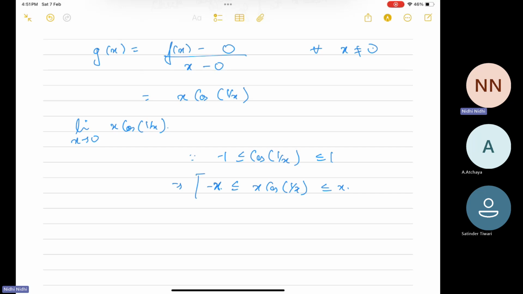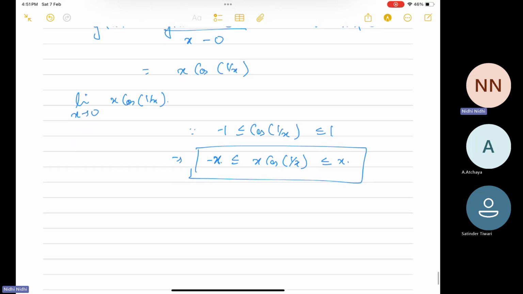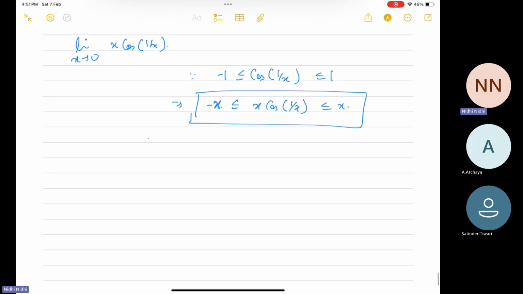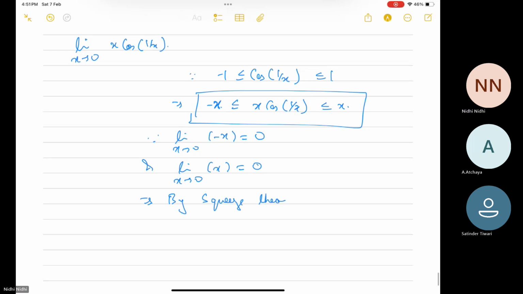Now we can use the squeeze theorem, since limit x tending to 0 of minus x is equal to 0, and limit x tending to 0 of x is equal to 0. This implies by squeeze theorem limit x tending to 0 of x cos 1 by x is equal to 0.